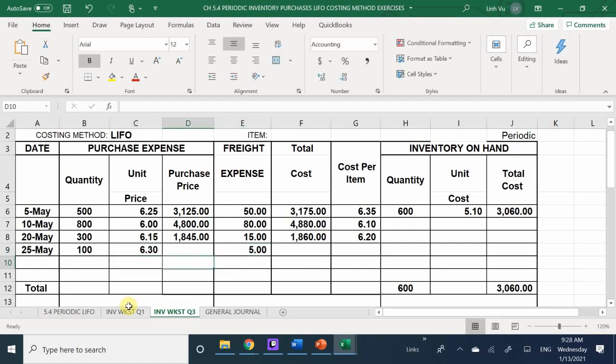So what's my total purchase price going to be here? $630. Okay. Plus my freight gives me a grand total of 635, bringing my total cost per item to be 6.35.